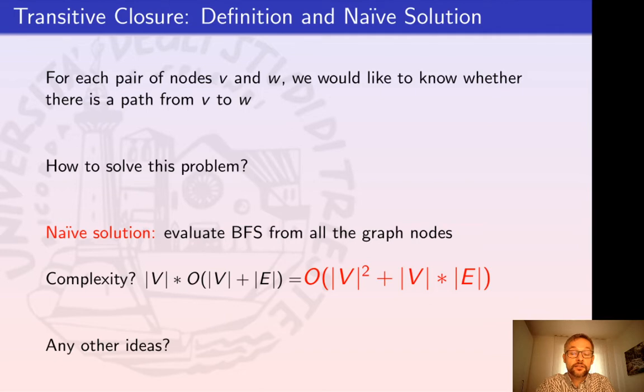We want to find an algorithm which is better than this strategy. This means that any algorithm whose complexity is less than cardinality of V squared or cardinality of V multiplied by E is a good solution.